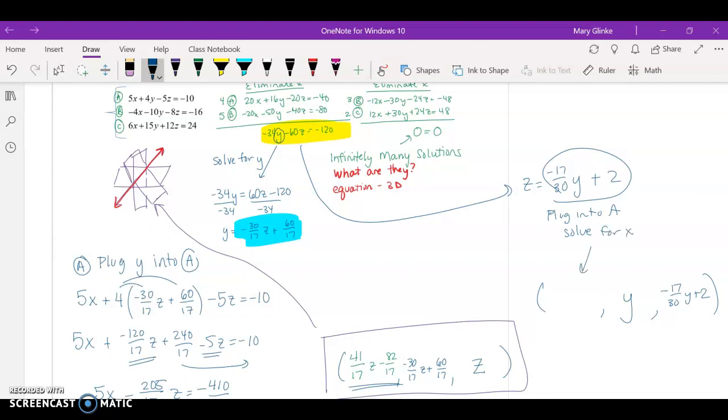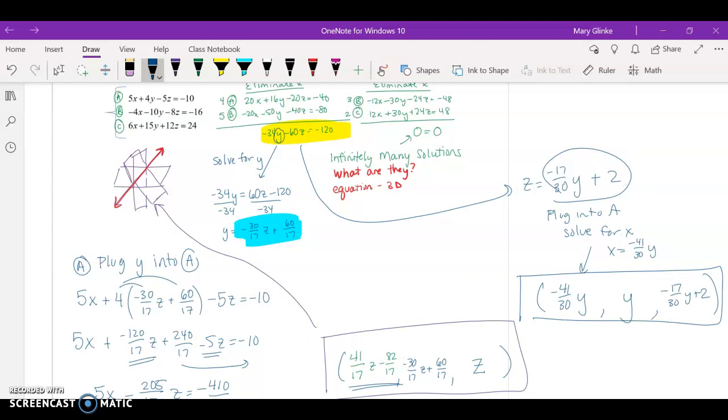So we would do the same process, and through that process, we would end up with negative 41 over 30 times y for our x.